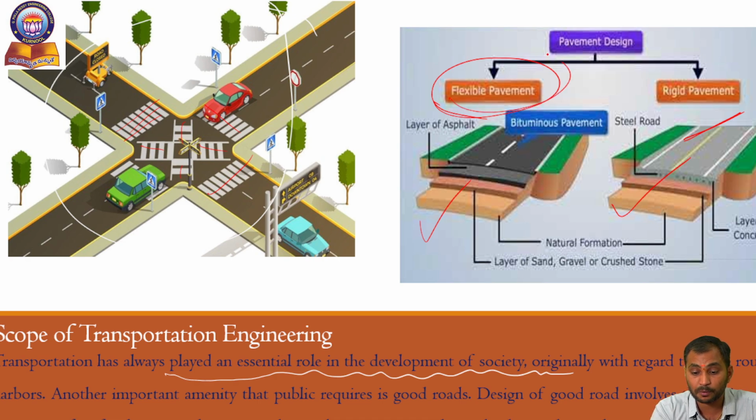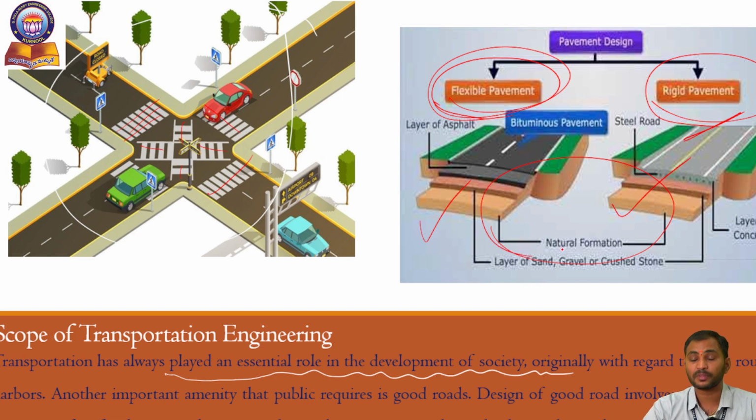The flexible pavement is a temporary type of road, whereas the rigid pavement is a very permanent type of road pavement, nothing but concrete. These two types of pavements are decided depending on the loading conditions.